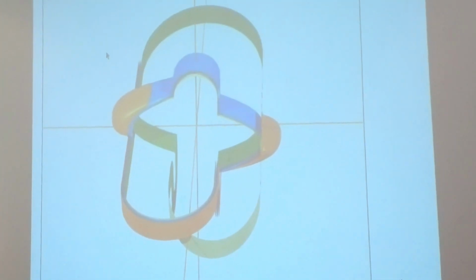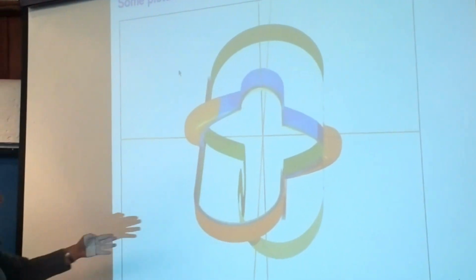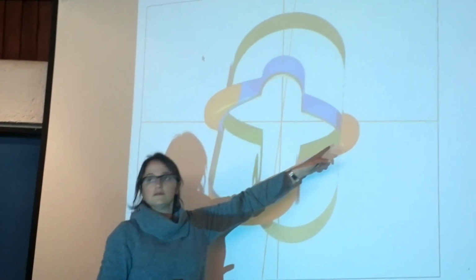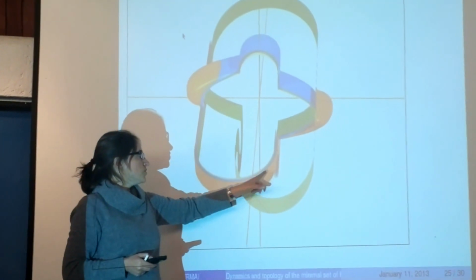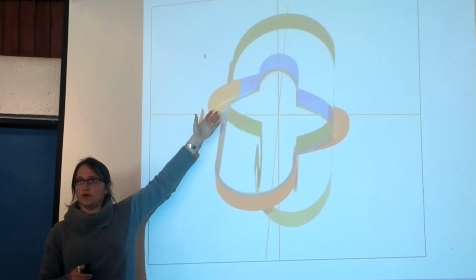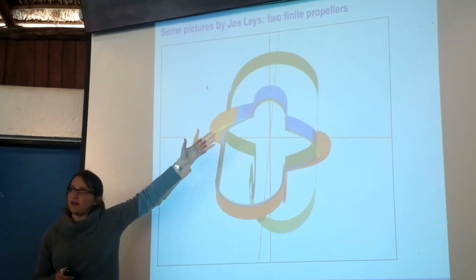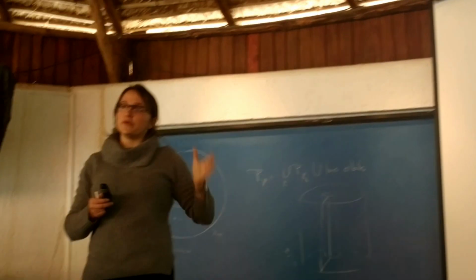A little bit farther. So what happens here, if you see the principle, the infinite propeller comes in, it starts turning, it continues turning, and eventually it arrives to this point. If it's close enough to the periodic orbit, it will branch.